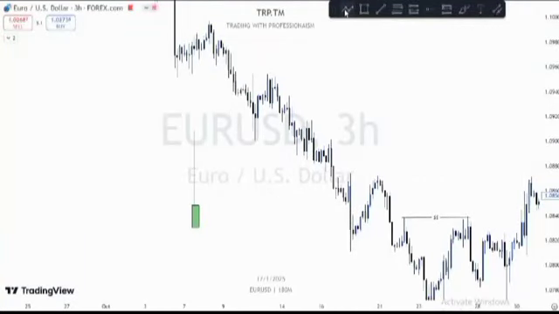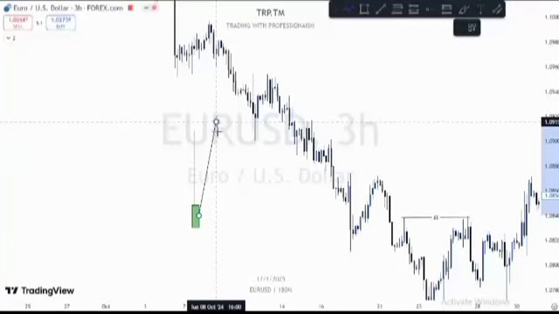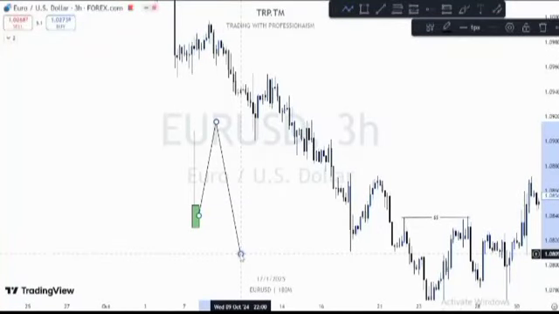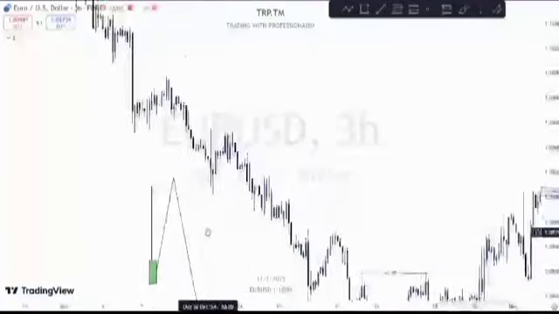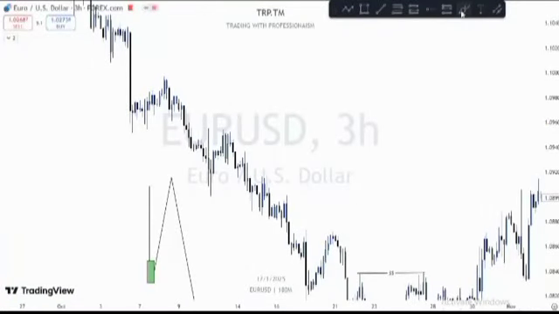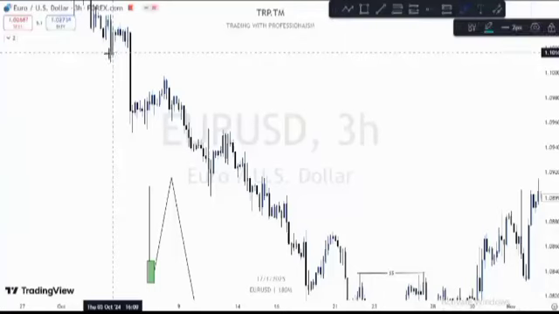Automatically, you know that the market is going to come and take out the liquidity here before continuing its direction. You can see it happen so many times in the market.